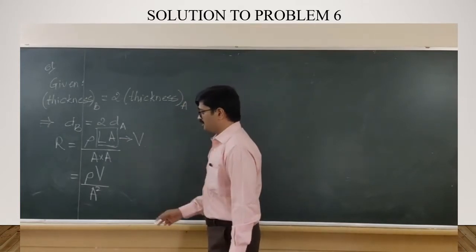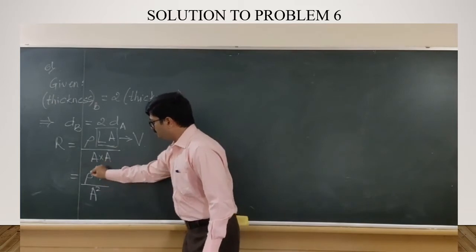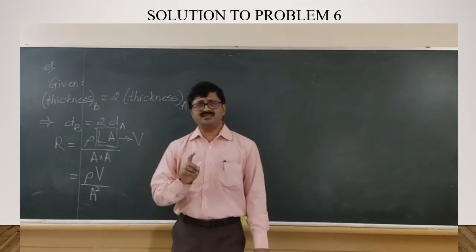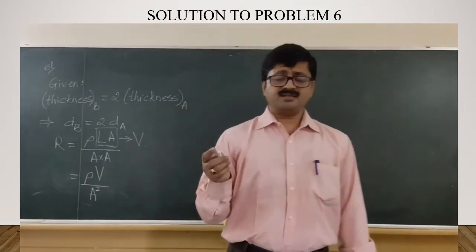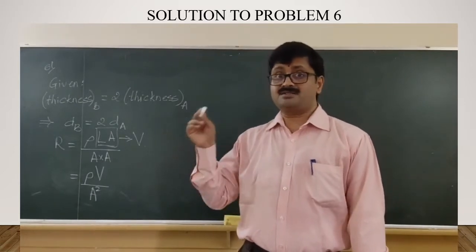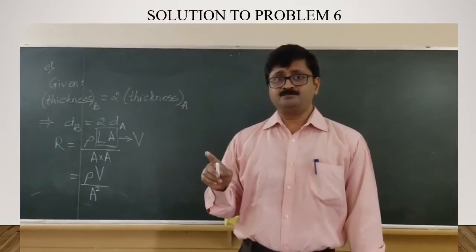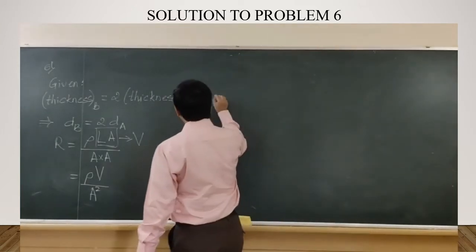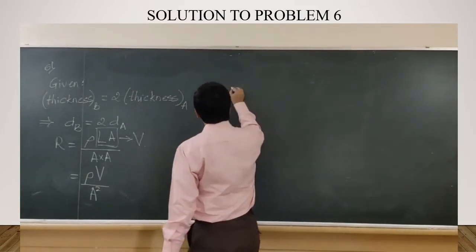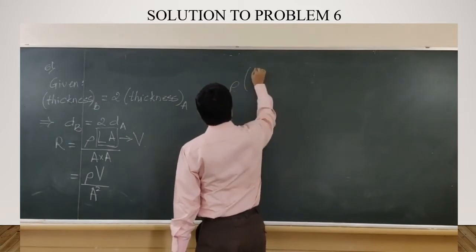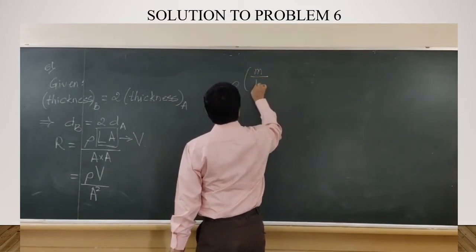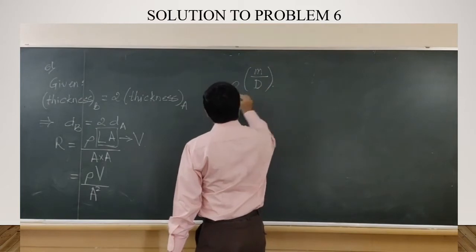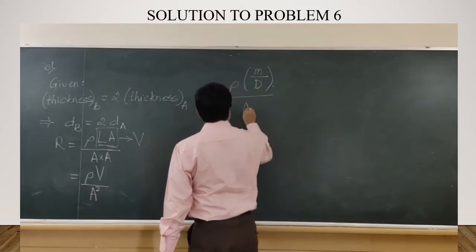Okay. So accordingly, what is volume here? Mass by volume is density. Then very clearly, mass by density is volume. So hence we'll mention this as rho into mass divided by density, divided by A square.